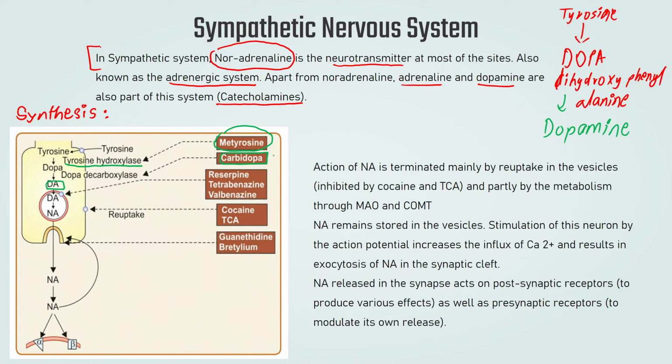Now carbidopa is a very important combination drug. It is used in Parkinson's, along with levodopa. Levodopa plus carbidopa combination is used. For now, just remember, carbidopa will inhibit enzyme DOPA decarboxylase.